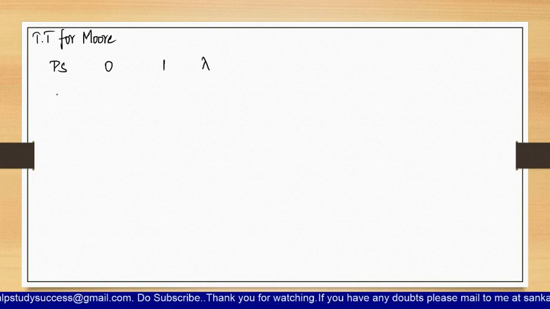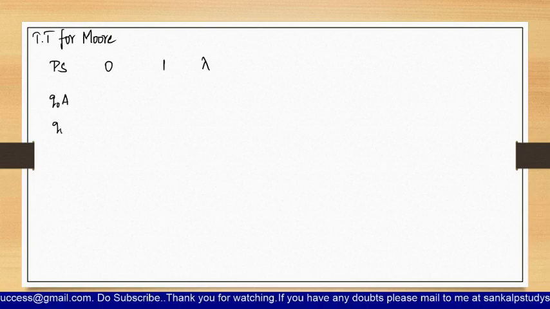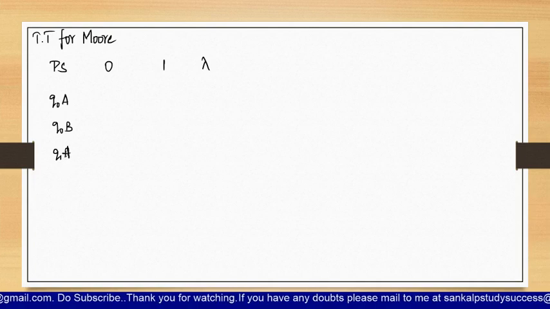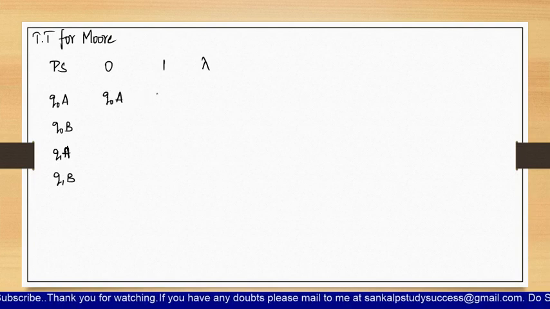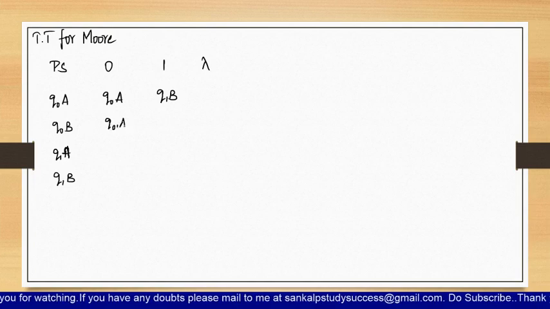So present state, there are 4 states which we got: Q0A, Q0B, Q1A and Q1B. So by applying 0, for Q0A, we got Q0A, and by applying 1 we got Q1B. Then for Q0B, by applying 0 you got Q0A, and for 1 you got Q1B.